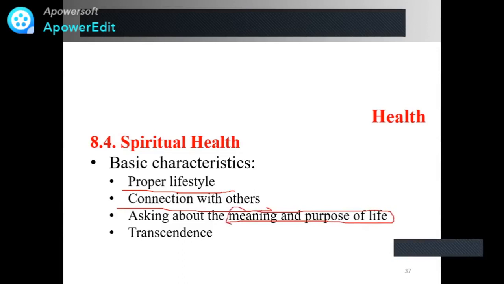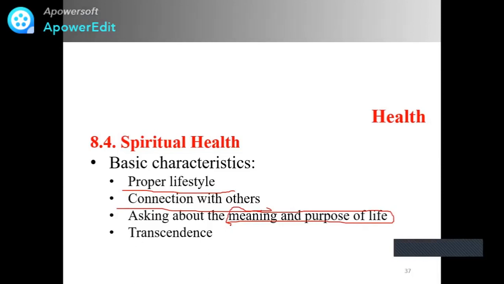What is the purpose of life? When you come to old age, you think about the meaning and purpose of life. But that should be decided or thought about at a very early stage of our life. Unfortunately, we think about the meaning and purpose of life when we come to old age.